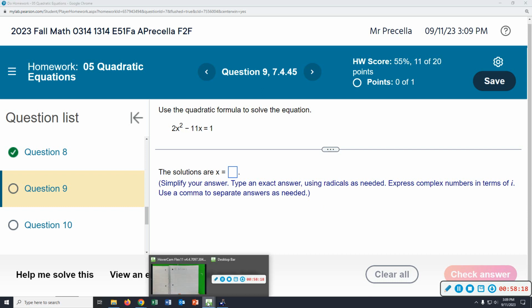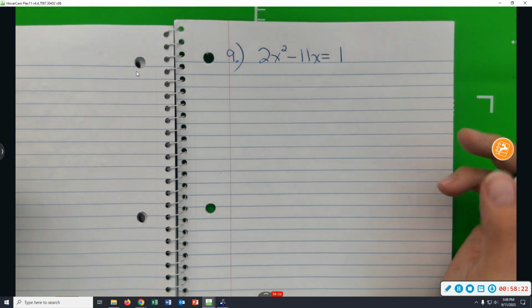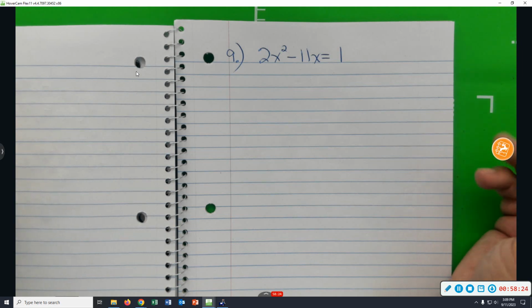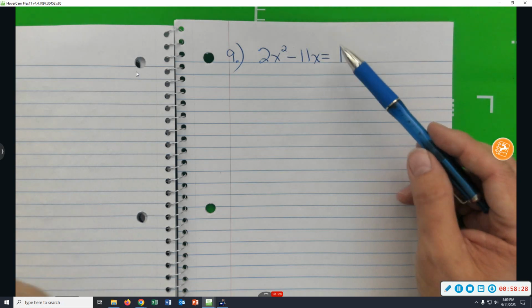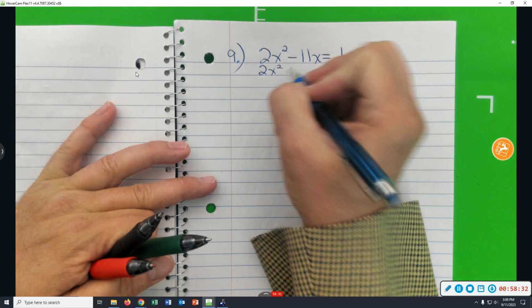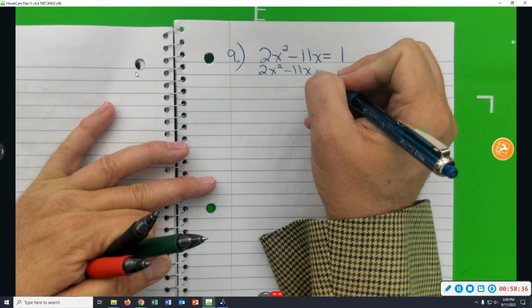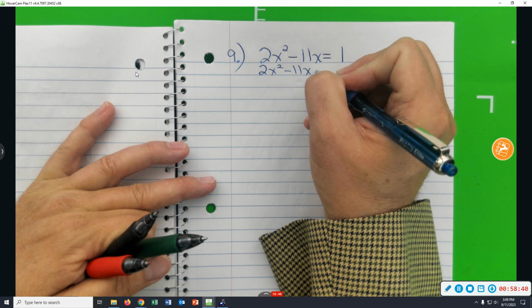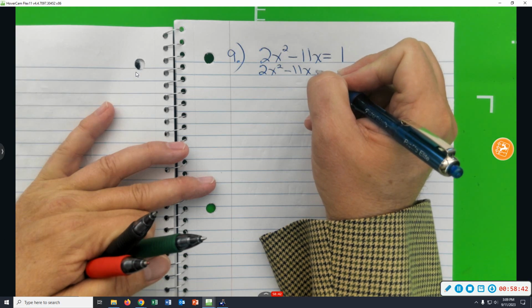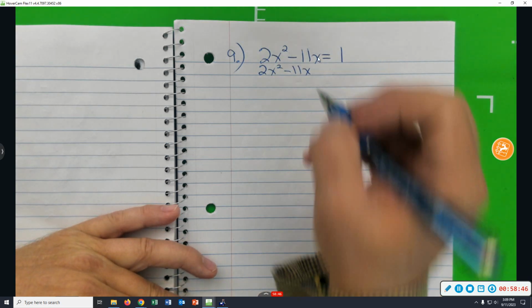This is number 9. Use the quadratic formula to solve the equation 2x squared minus 11x equals 1. Is it in standard form? What am I going to have to do? Subtract the 1, moving that 1 over, so you have 2x squared minus 11x minus 1.